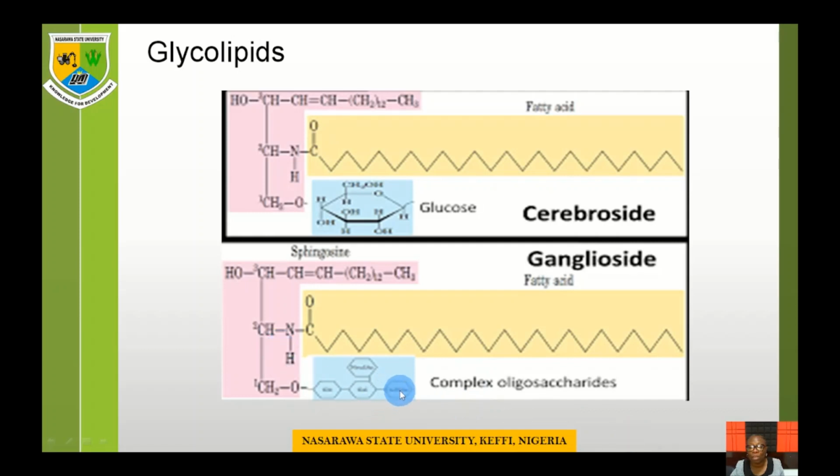That means you have about four sugar molecules attached. So this is the sphingosine, the pink, whereas you have the fatty acid. Then you have the complex oligosaccharide, the ganglioside and the cerebroside.